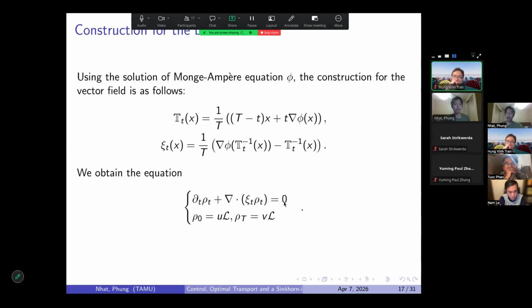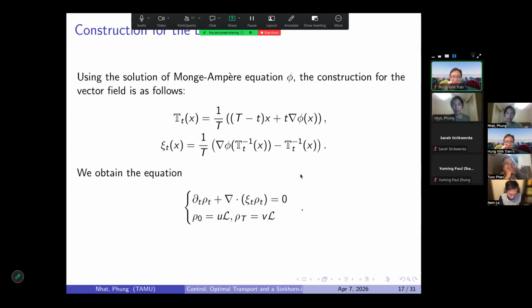For unbalanced transport, you will add the mass in, and you will have a structure from the Monge-Ampere equation. Here, of course, as I mentioned, this is homogeneous, so this is still balanced transport where the total mass of U and V should be the same.